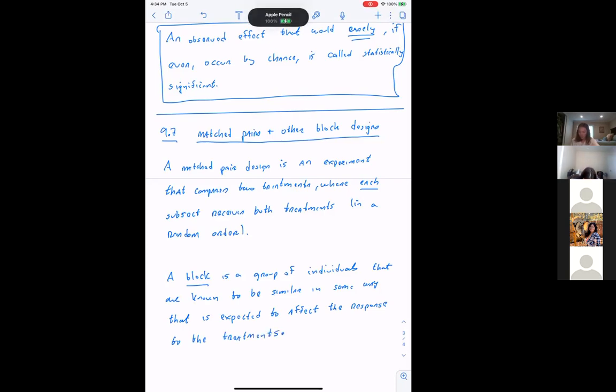So what would be an example of a block? Give me an example of an experiment where a group of people might have similar characteristics to the point that they would be different than another block in the same experiment. And there's no one answer to this. There's lots of examples.